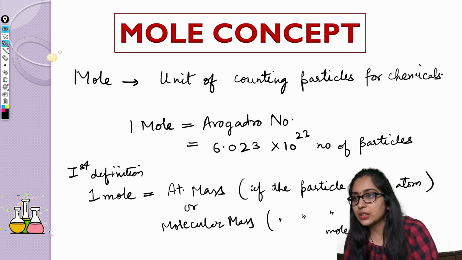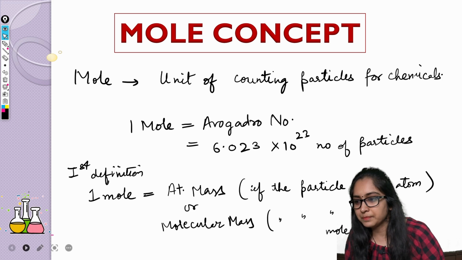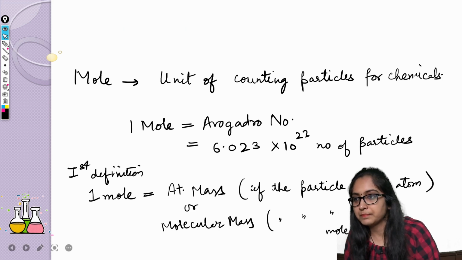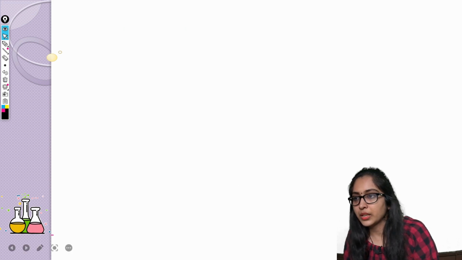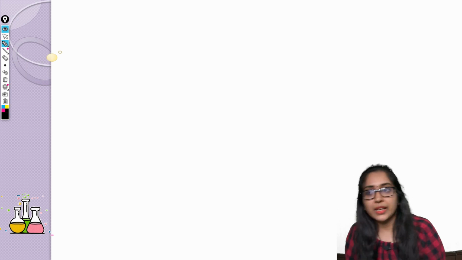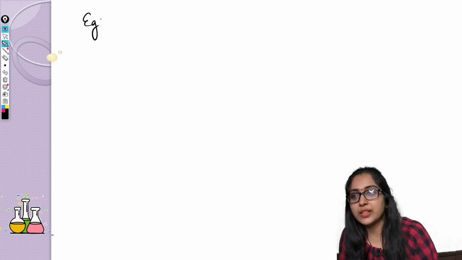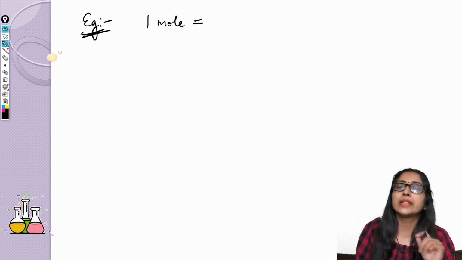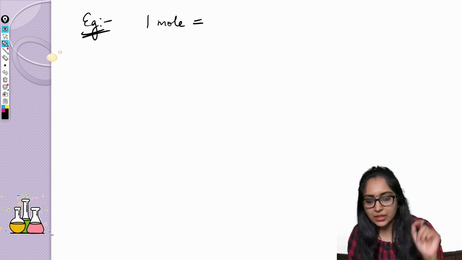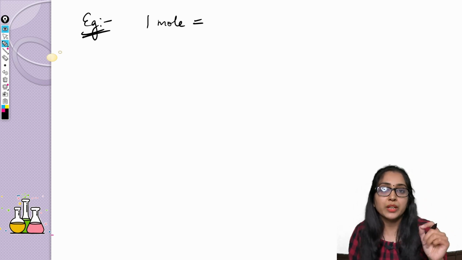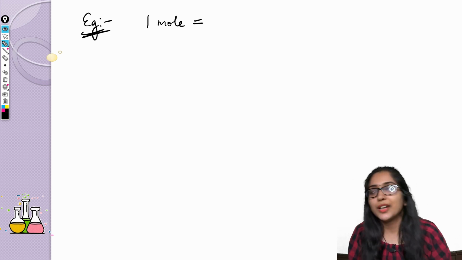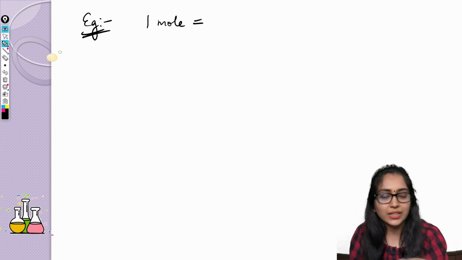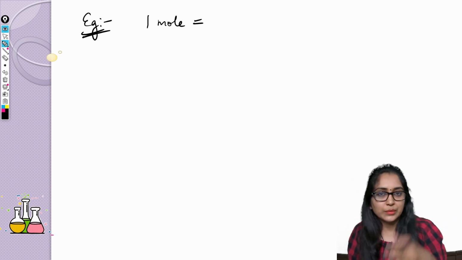Let me change the slide. Can I take an example? Yes, sure. Without an example, we will not be able to get it. What exactly is 1 mole? If I am taking oxygen atom, you know that the atomic number of oxygen is 8, B C N O F, so it comes after nitrogen.